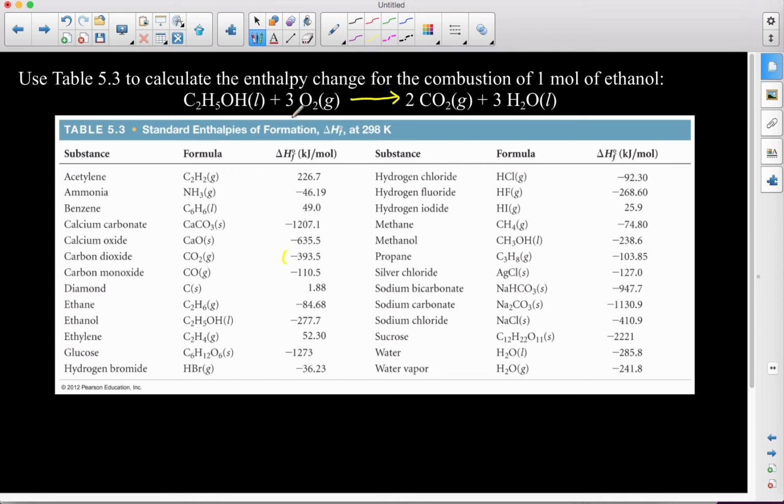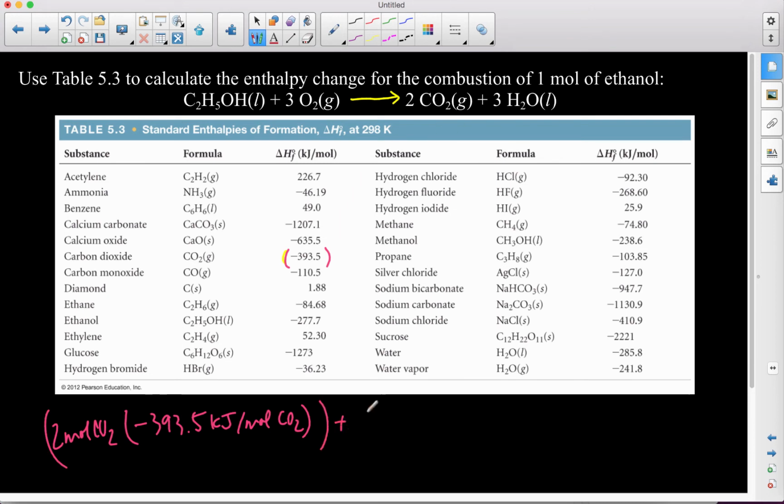So here is our CO2 gas at negative 393.5. And note that this is kilojoules per mole of CO2. It turns out that we have 2 moles of CO2, and so this is like term 1.